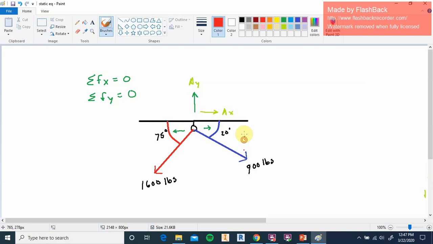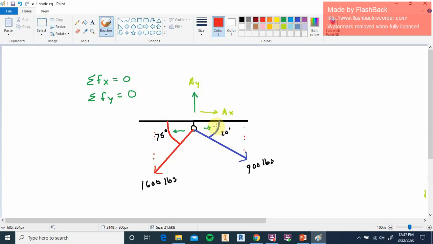We'll take this little y component here and this little y component here out of this vector and this vector. The eye bolt has to be able to oppose those. These are going down, so the eye bolt is going to have to pull up to oppose that.